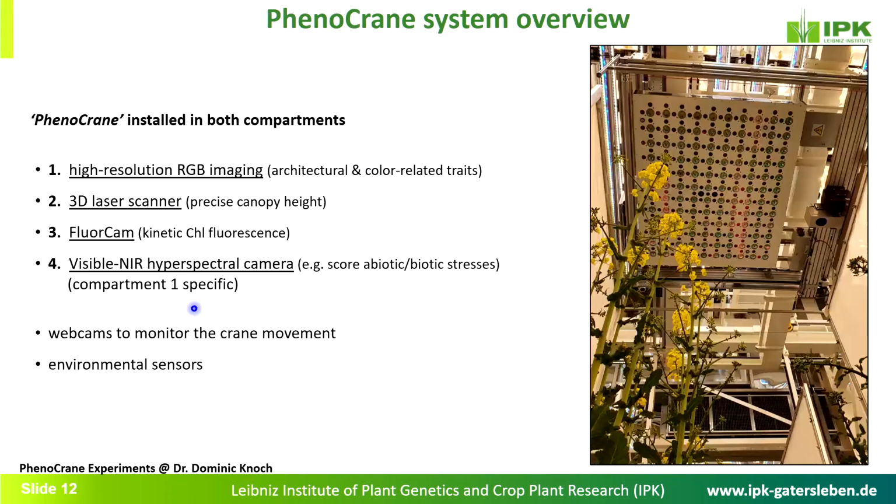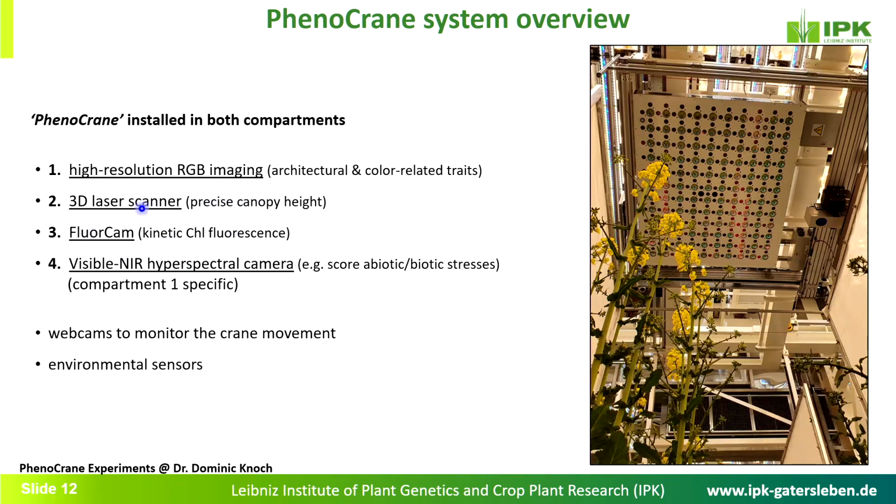research questions. So on the PhenoCrane, we have 4 camera systems: a high resolution RGB imaging system where we can capture architectural and color related traits in comparison to the LambdaTech system. We have a 3D laser scanner where we can compute the precise canopy height of a container.